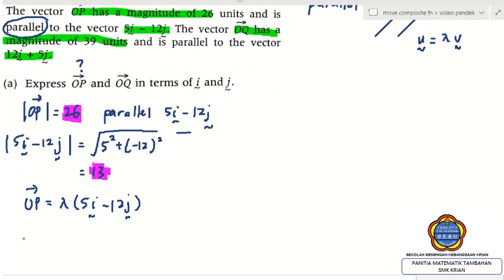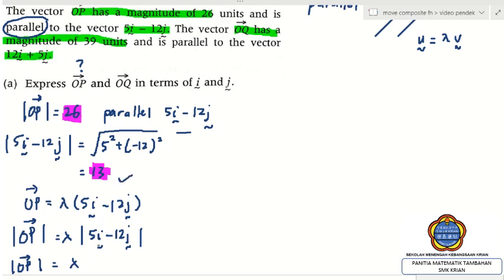And what we can get here, magnitude of OP is equal to lambda magnitude of 5i minus 12j, which is also equal to lambda times 13, as we got just now.